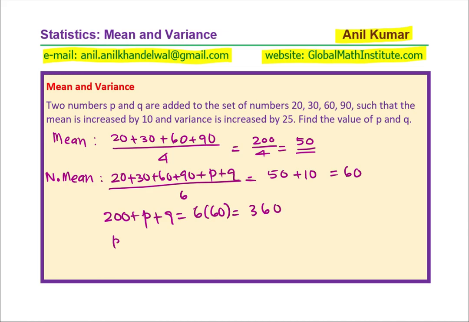So we get P plus Q as equal to 360 minus 200, and which is 160. So that could be one of our equations which can help us relate the sum of P and Q from the given condition of mean, correct? So we have got one relation, and now let us try to analyze the variance.